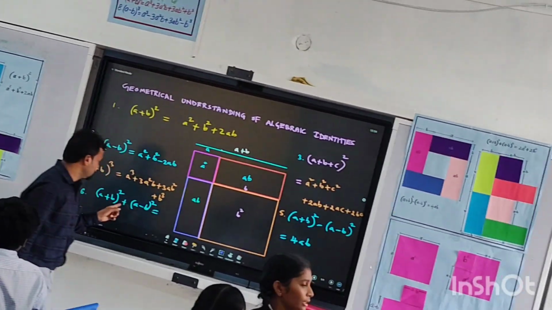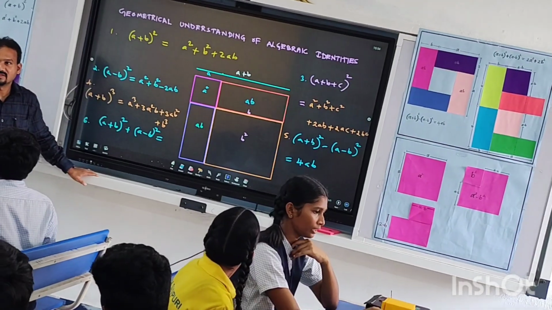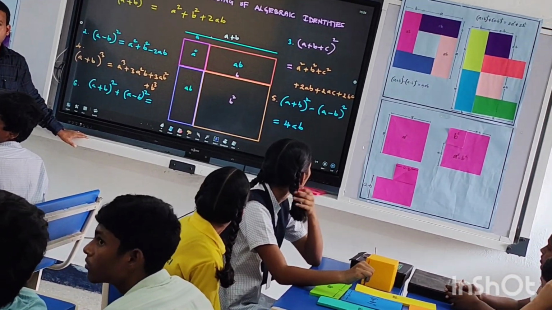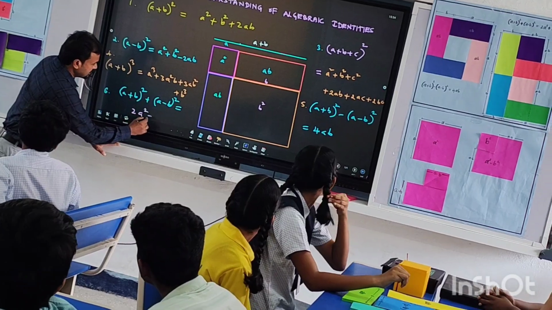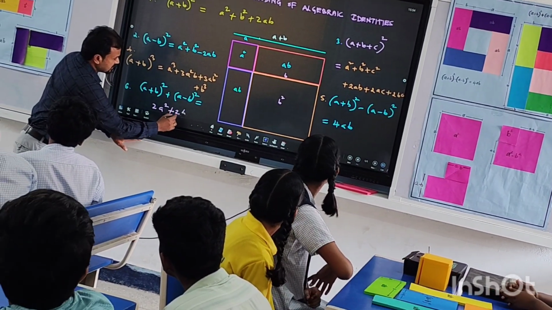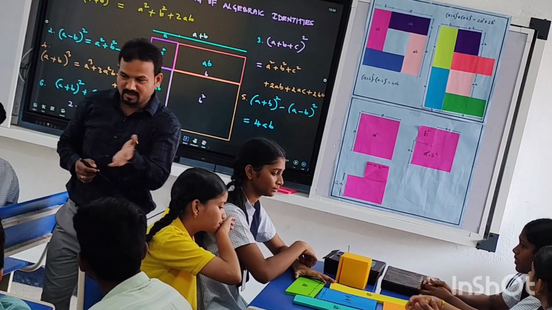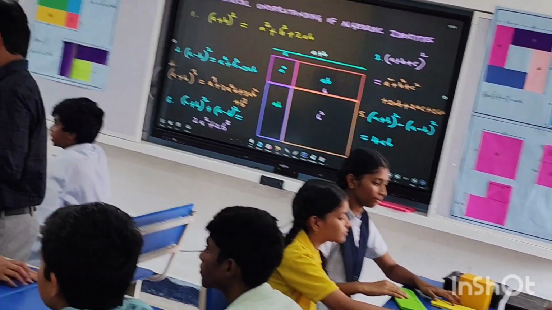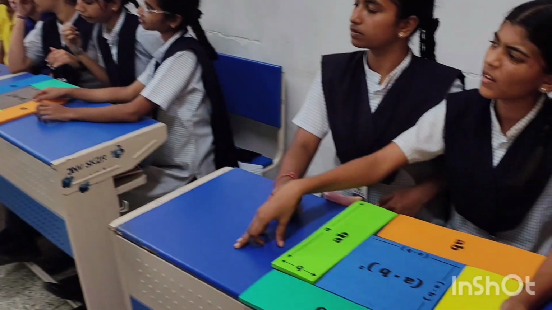Here I change, this is plus. 2A square plus 2B square. How you are going to understand this one? You have the model again, same thing you can use. You can check once and you can go for the 6th one.